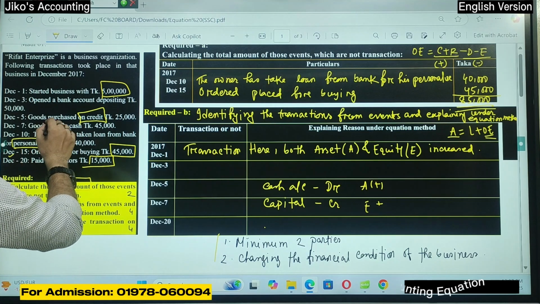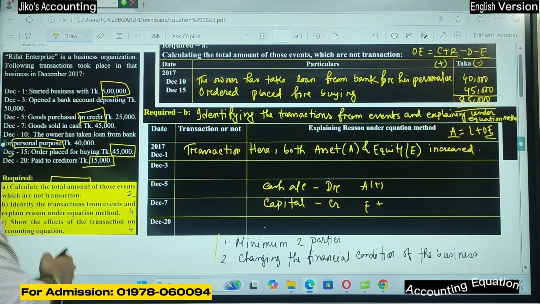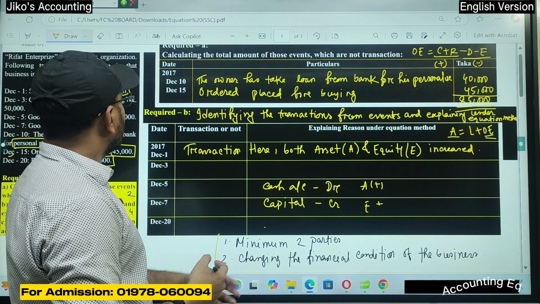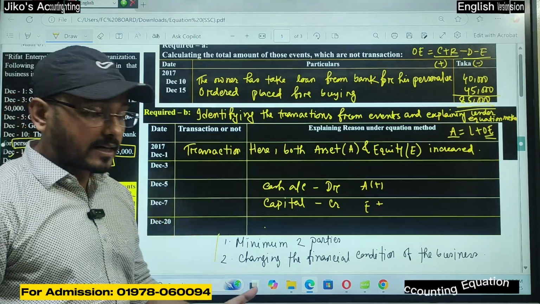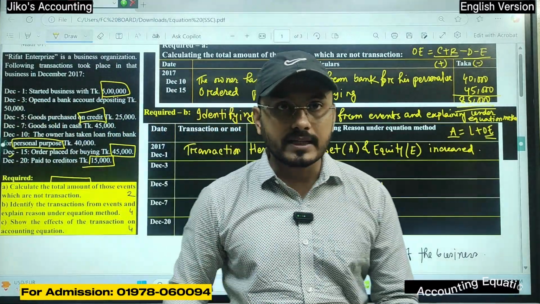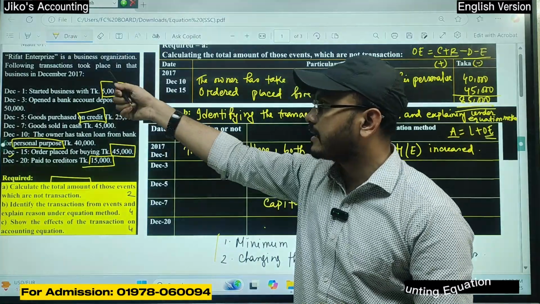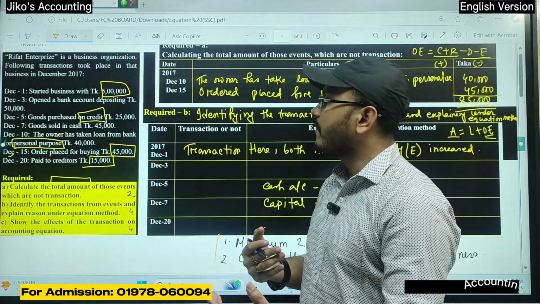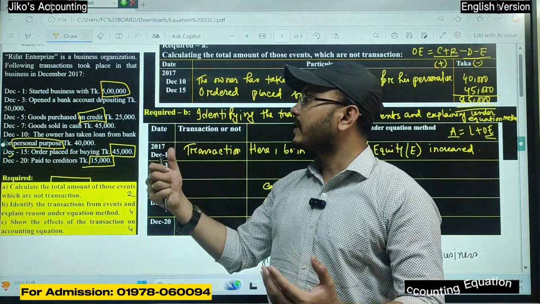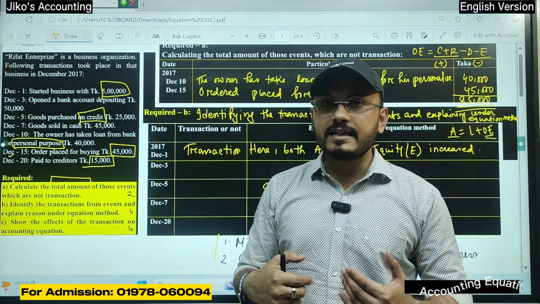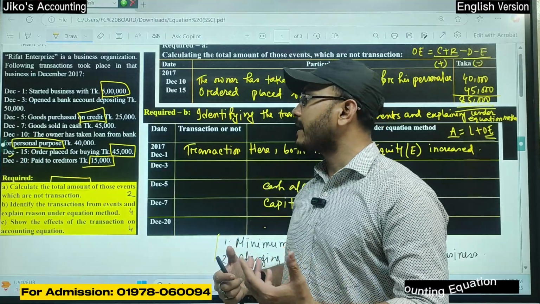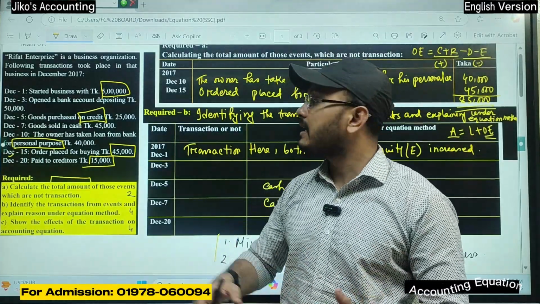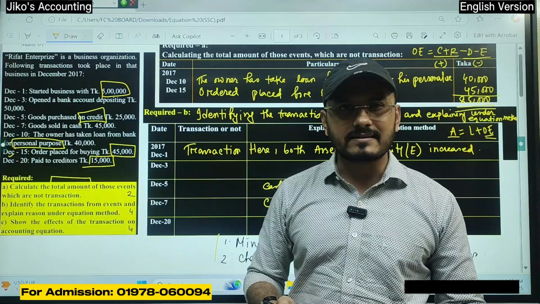Now, option number 3. Open a bank account depositing taka 50,000. Now, there might arise a question. What we are recording here is all the accounts of Rifat Enterprise. Rifat Enterprise is my business. As it is mine, I have to think about what happened exactly because of the transaction.